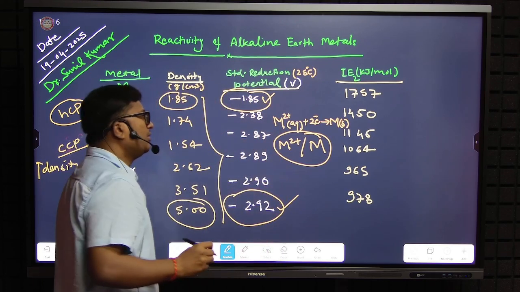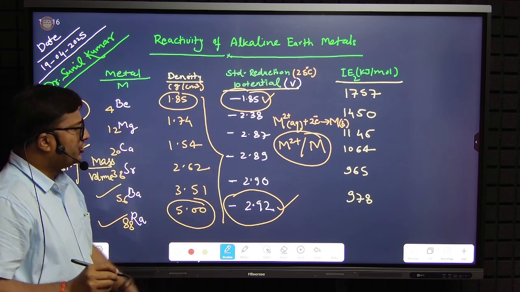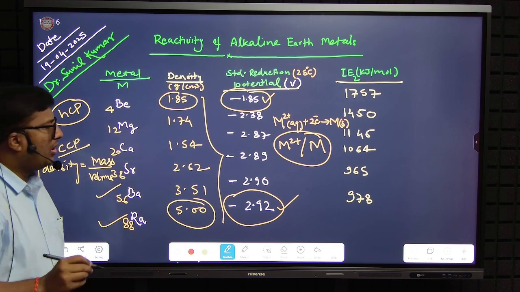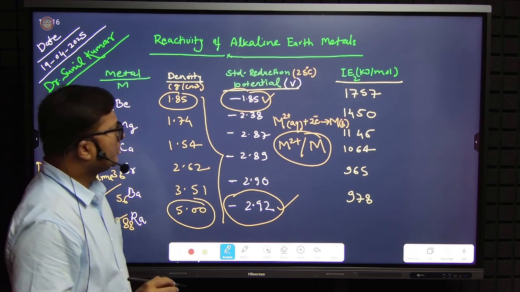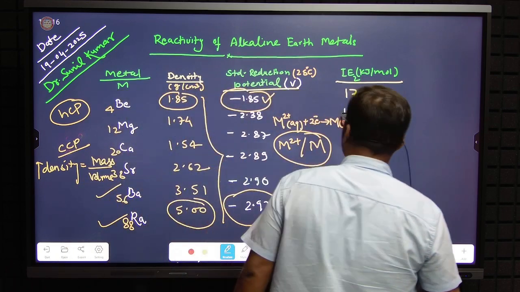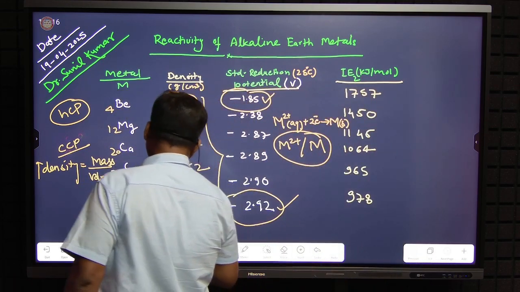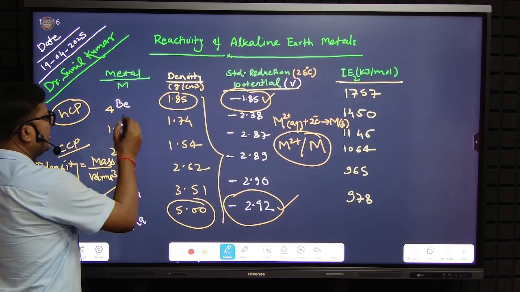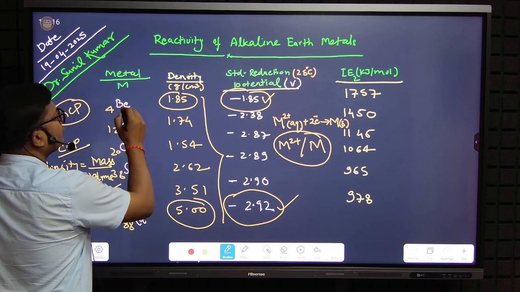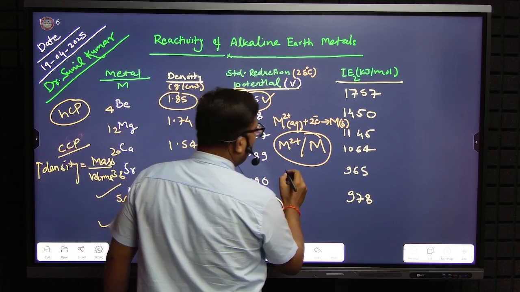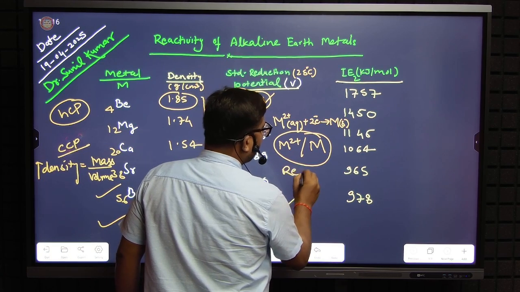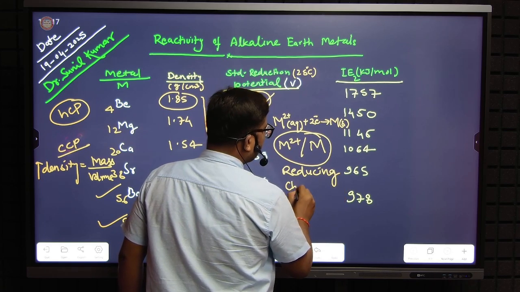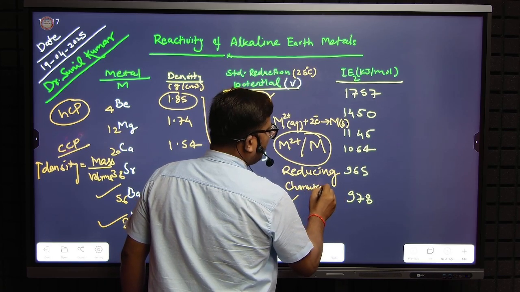All these values are in negative parameters. So all these metals are reducing in character, right? So it confirms reducing behavior, characteristics.